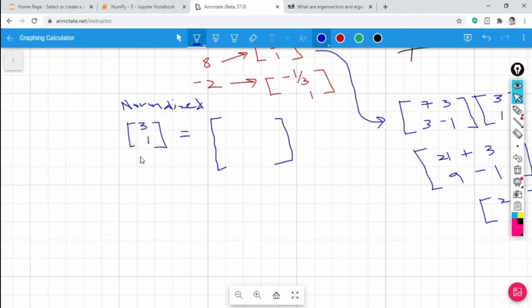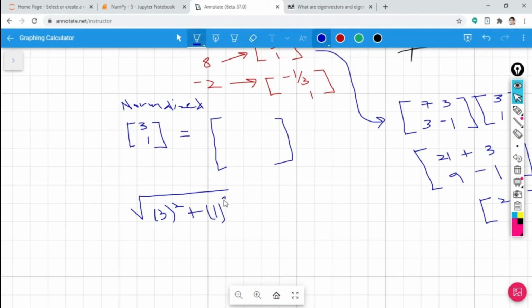So we got 3 and 1. What we'll do is find the square root of the sum of squares. So this one is 3 squared, plus 1 squared.